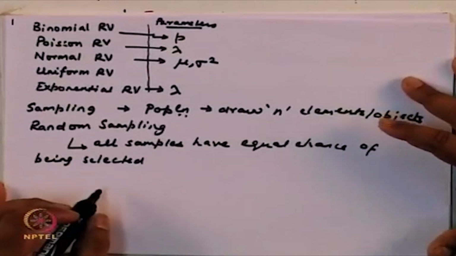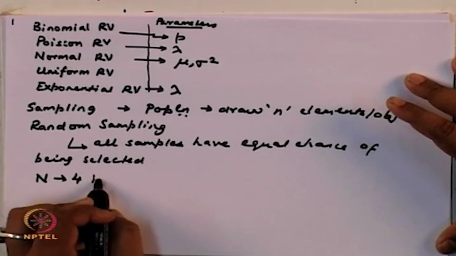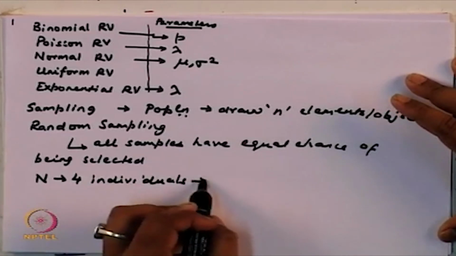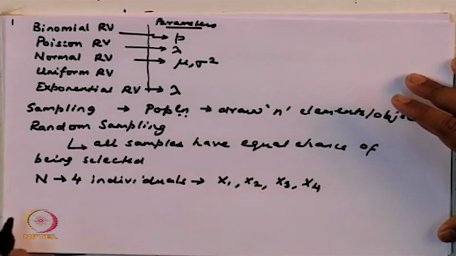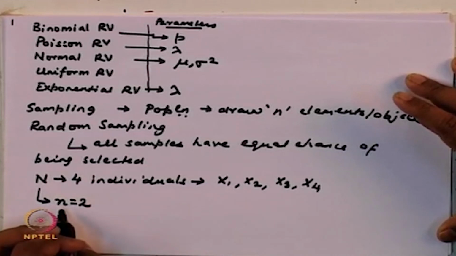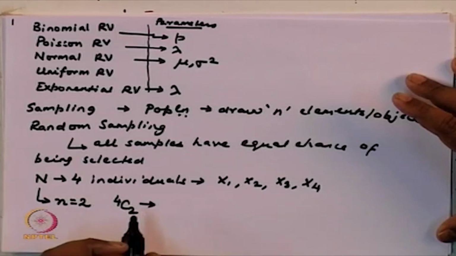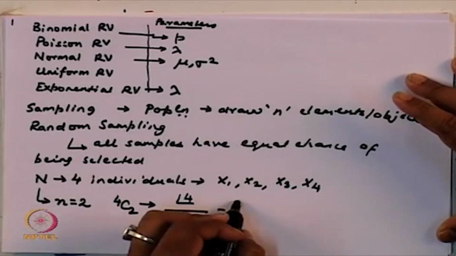So, for example, let us say you have a population n of 4 individuals, and you can label these individuals as x1, x2, x3, x4. From this population, you want to draw a sample of size 2, and you want to know what the possible combinations are. You can clearly see that 4C2 is the number of possible combinations, which is factorial 4 by factorial 2 factorial 2, equal to 6.